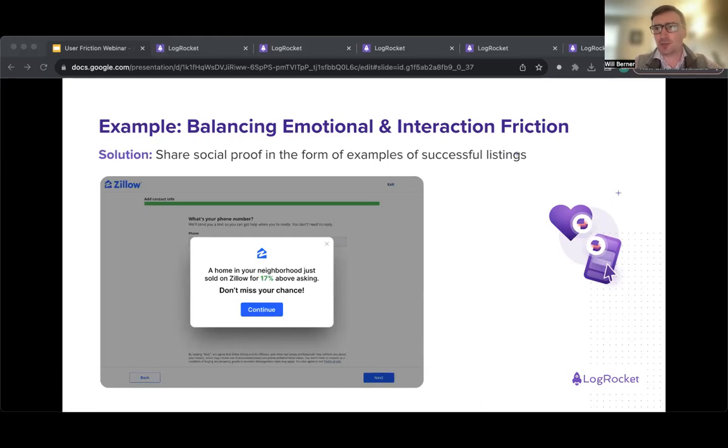Maybe an even better option would be prompting them with some kind of pop-up that says, this is no obligations. You can see what your options are, but you're by no means obligated to any kind of transaction just by completing this form. So giving people the opportunity to see what their options are with the potential to back out later. And I think in either case, we'd be implementing additional interactions into the flow with an end goal of helping the user overcome that emotional response that they're feeling.